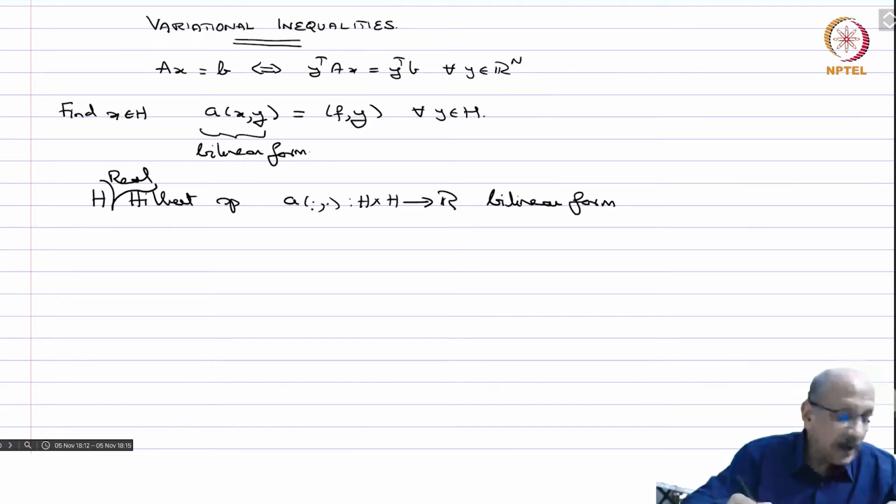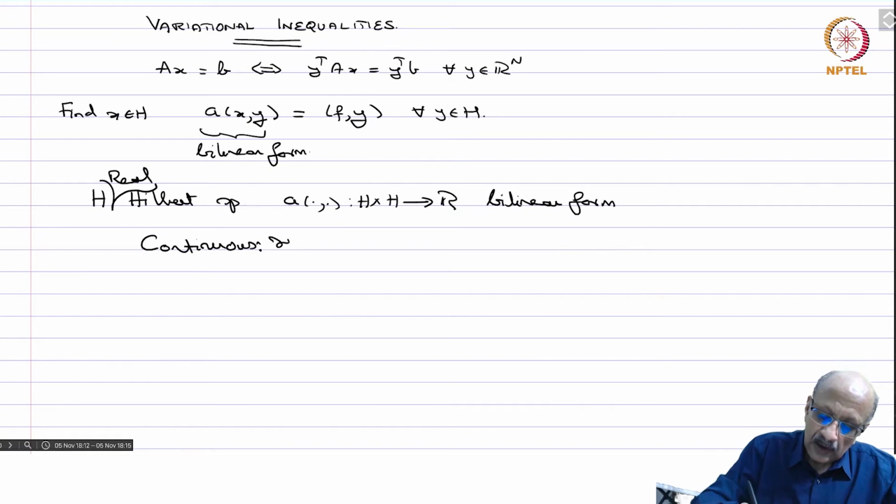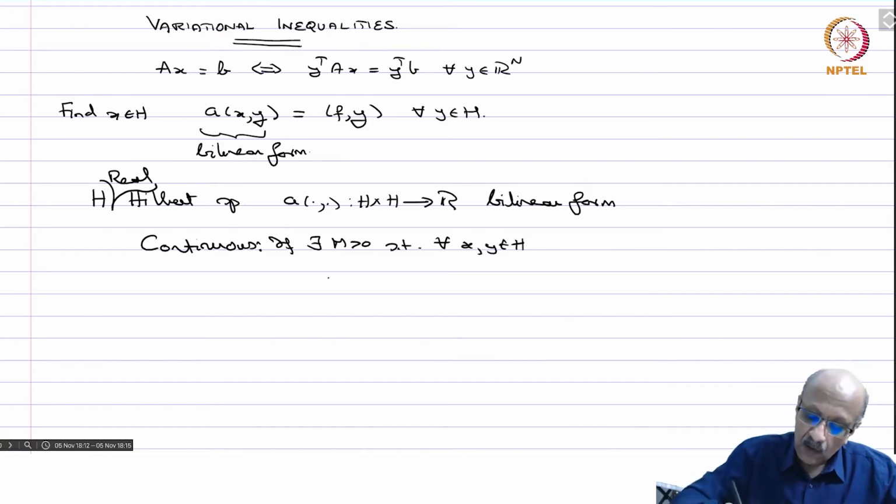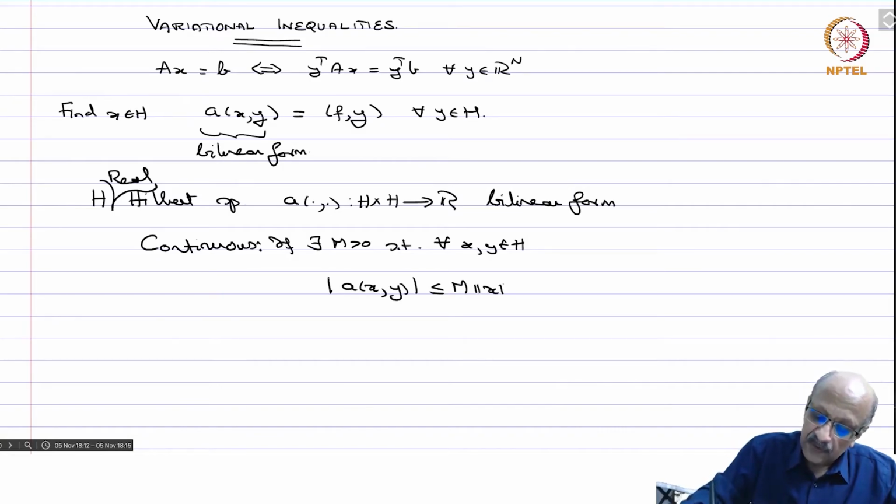Okay, and this is continuous if there exists an M positive such that for every x, y in H we have mod of A(x,y) less than or equal to M times norm x norm y. And then it is called H elliptic.